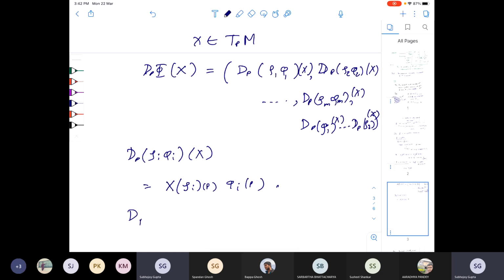Okay, and the derivative of these rho i's by themselves, by definition, you just take them to rho i of p.